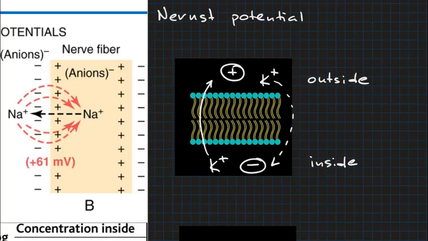Okay? So the outward movement is dictated by diffusion. The movement of potassium back inside is due to the electrical forces.